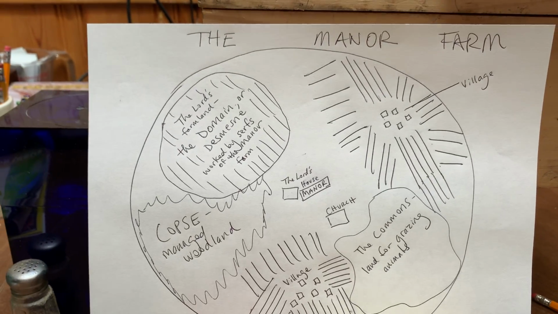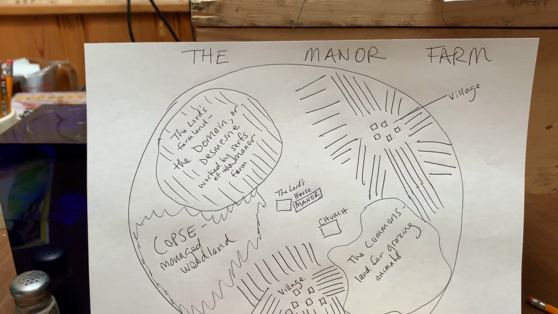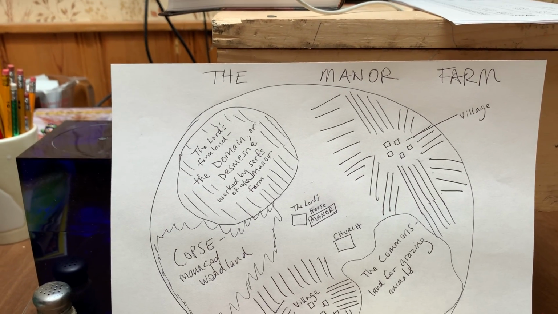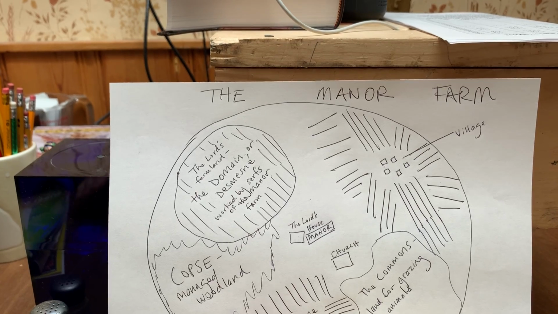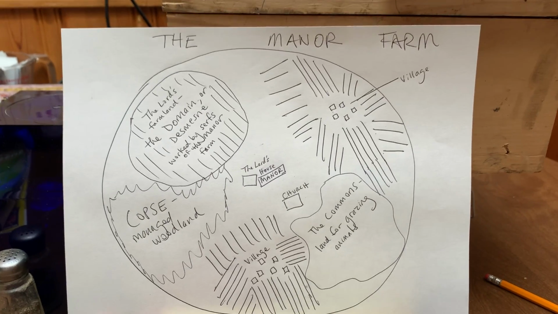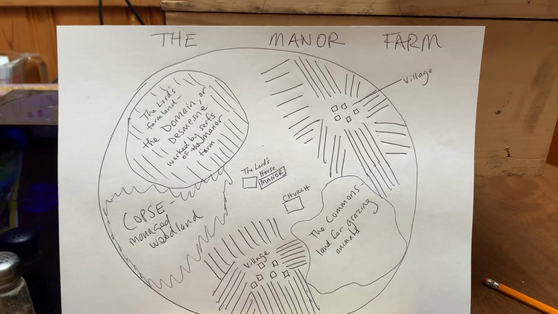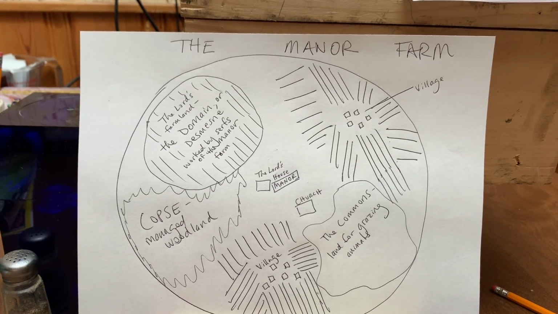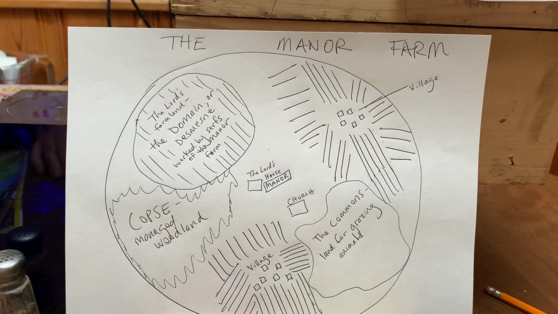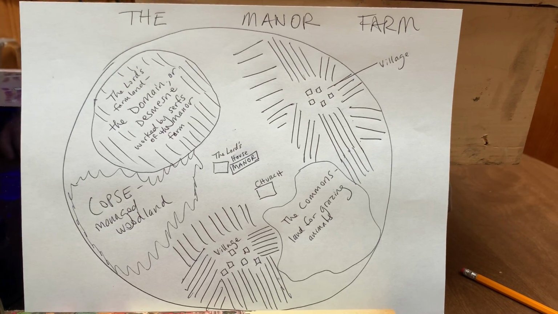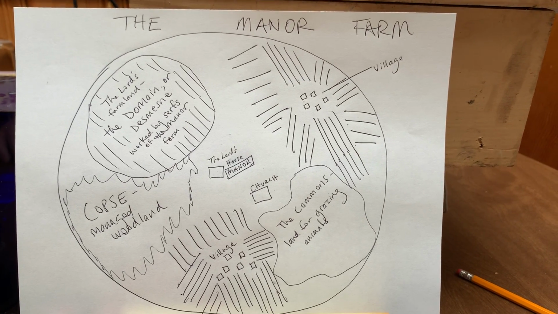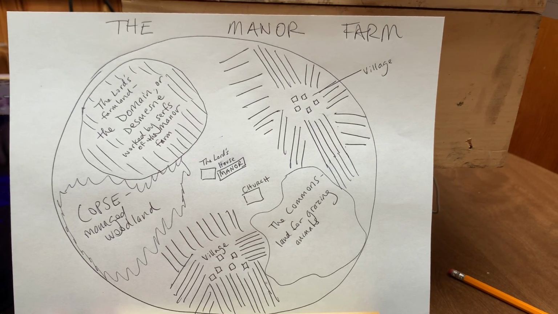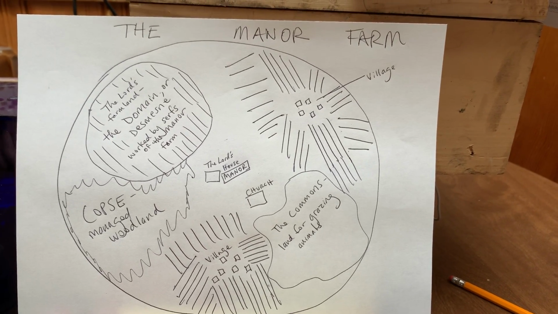A steward would be living in the manor house and managing the manor farm the way the lord of the manor would do if he were living there at the time. If he's a knight, he may be there most of the time. If he's a duke or an earl or a baron, probably he owns dozens of manor farms, and he will not be there very frequently, and the steward will be living there, taking care of the manor farm for him.